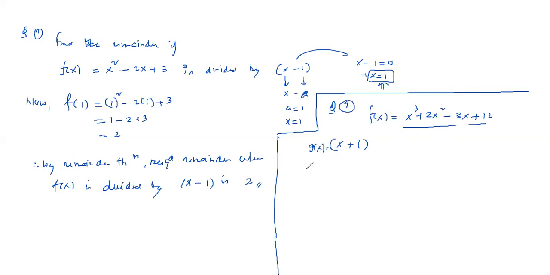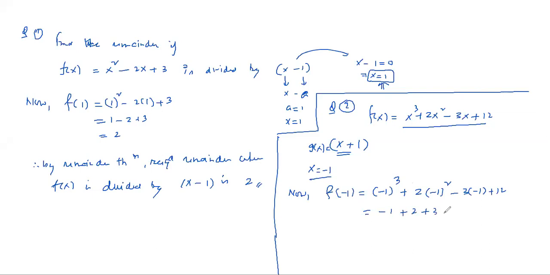So from here you can see, put what is the value? x equal to minus 1. You need not show this calculation outside. Only directly you will do f of minus 1 and work out what value you get. That is the required remainder. This is minus 1. This is plus 2.